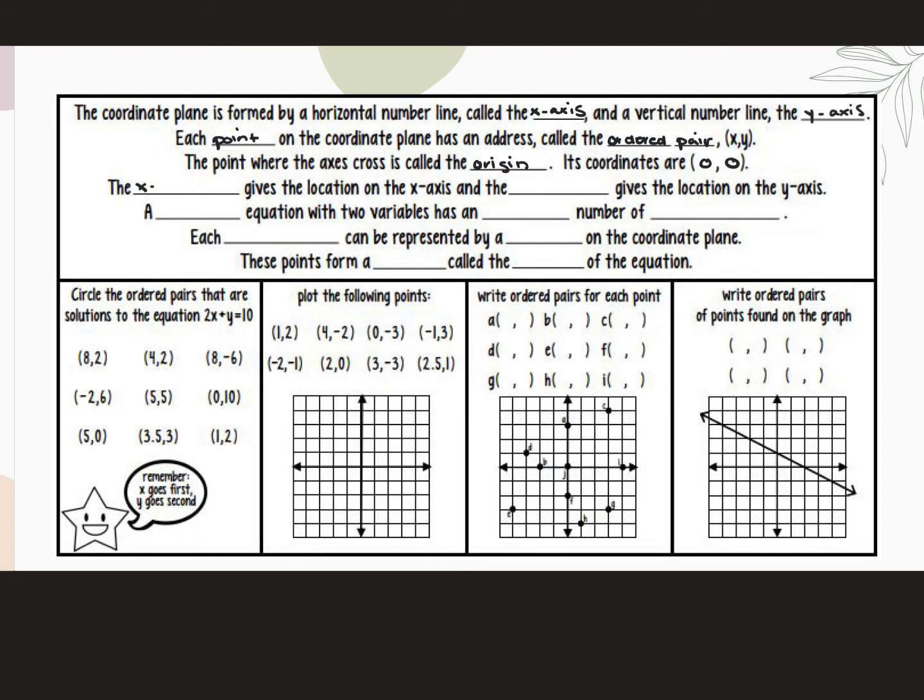The x coordinate gives the location on the x-axis, and the y-coordinate, of course, gives a location on the y-axis. A linear equation in two variables has an infinite number of solutions.